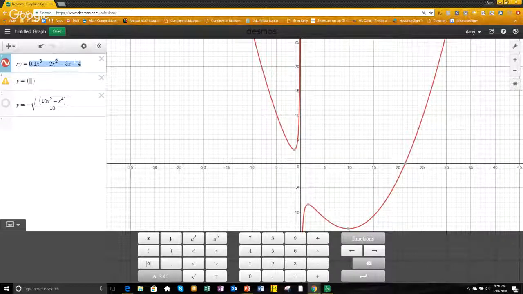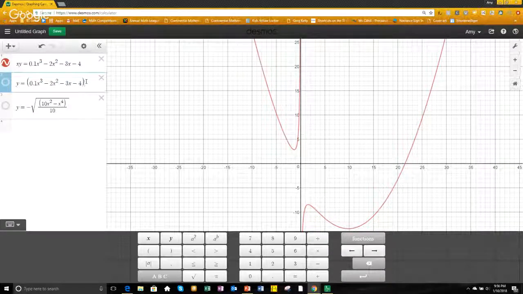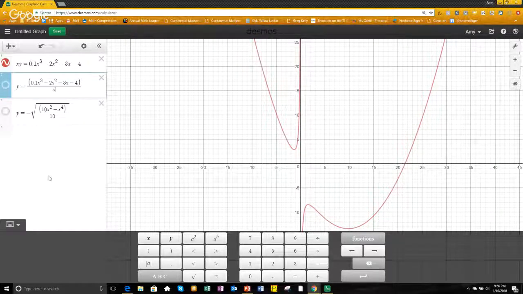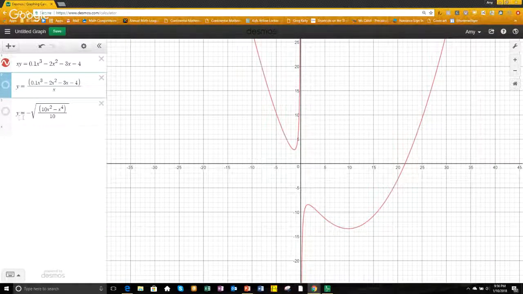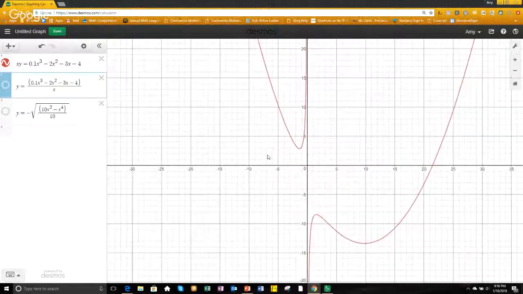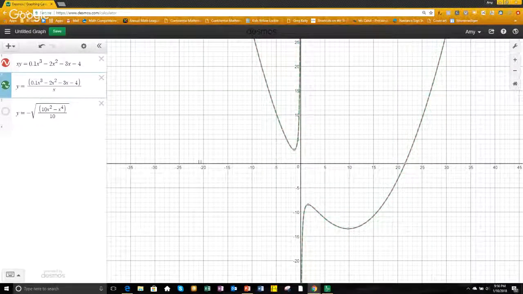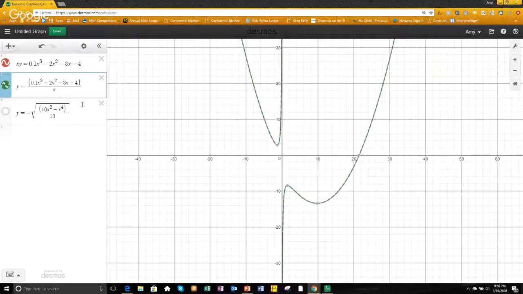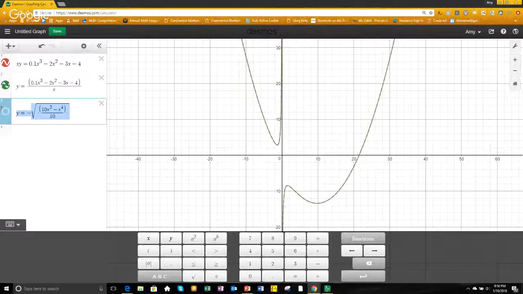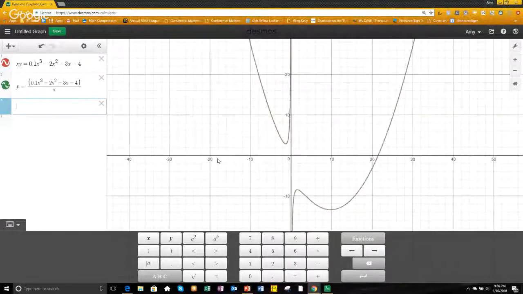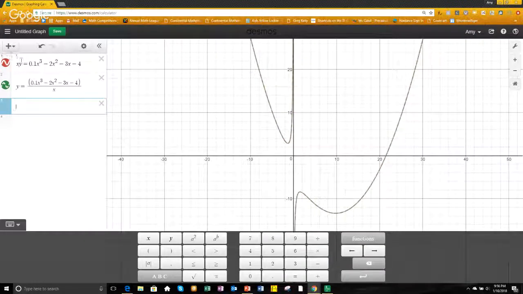So we'll copy this, paste it here, and then we'll divide by x. And it should, oh, it helps if I put the color in there. Do you see how that matches identically? And this one here, we don't need at all because we only have one implied function inside this implicitly defined function.